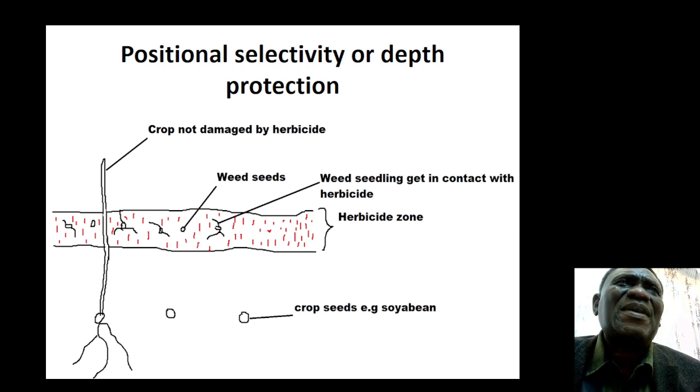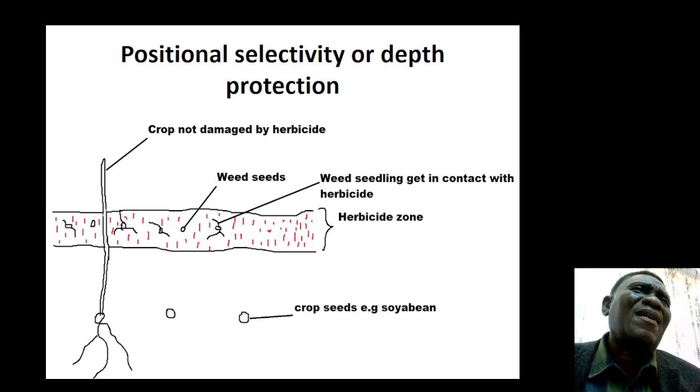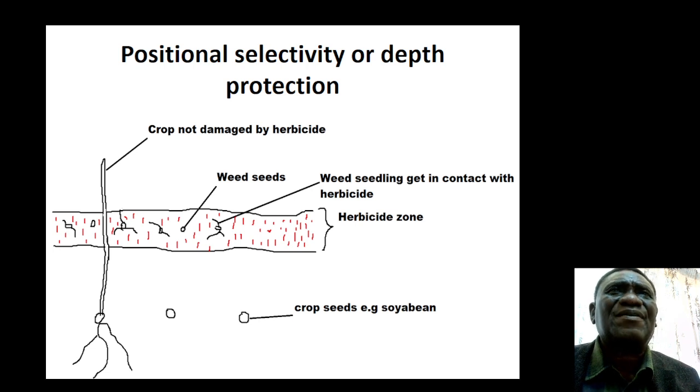Although the soybean crop will pass through this herbicide zone, the herbicide cannot enter through the stem. It can only enter through the roots. That is how the soybean can survive, or how maize can survive the application of pendimethalin.